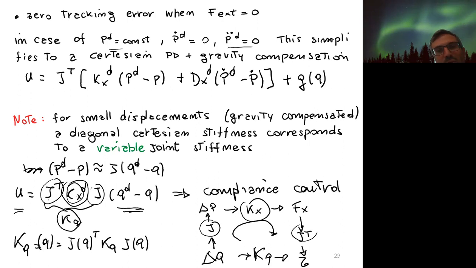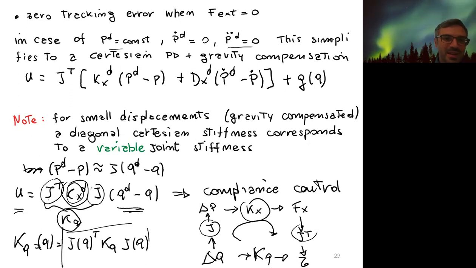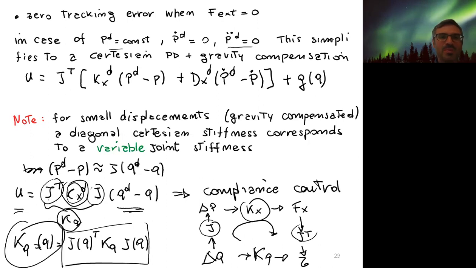Say your boss arrives and wants you to implement a stiffness at the Cartesian level, but you have only a joint space controller. You don't want to waste time. You take your Jacobian, you take your desired stiffness, you do this computation, and you implement the impedance controller at the joint level.